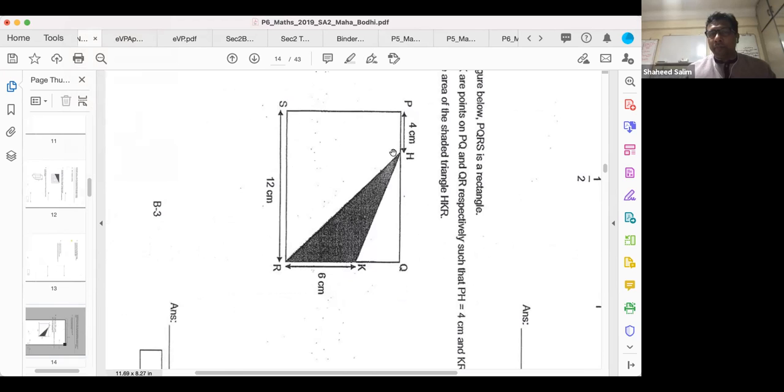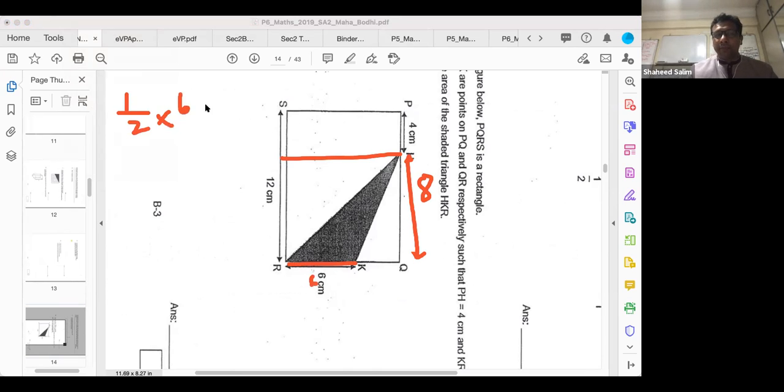So we can actually measure down here. What is the height from here to here? 12 minus 4 is 8. This is 6. Half times base times height. Half times 6 times 8. So now you cancel, divide by 2, you get 3. 3 times 8, 24.